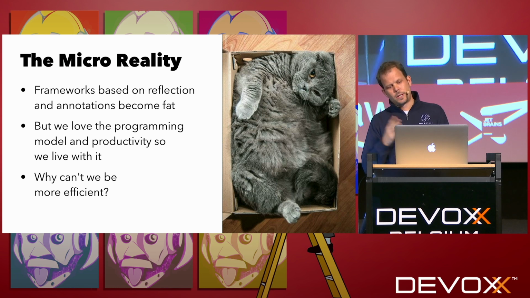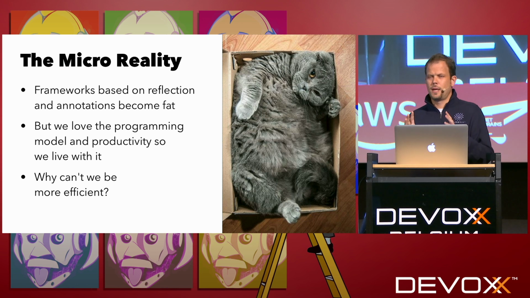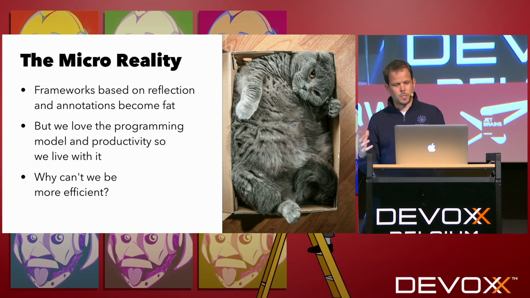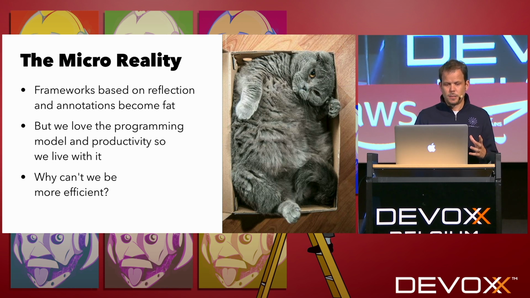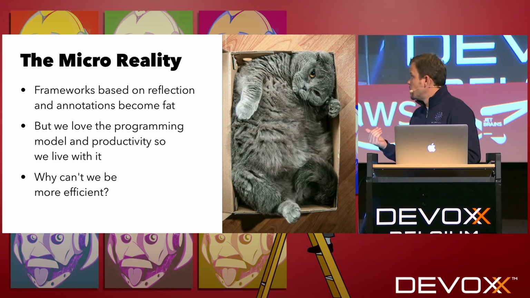The reality with microservices is that frameworks based on reflection and the architecture of using reflection and annotations become fat in terms of memory consumption. In particular, we love the programming model.